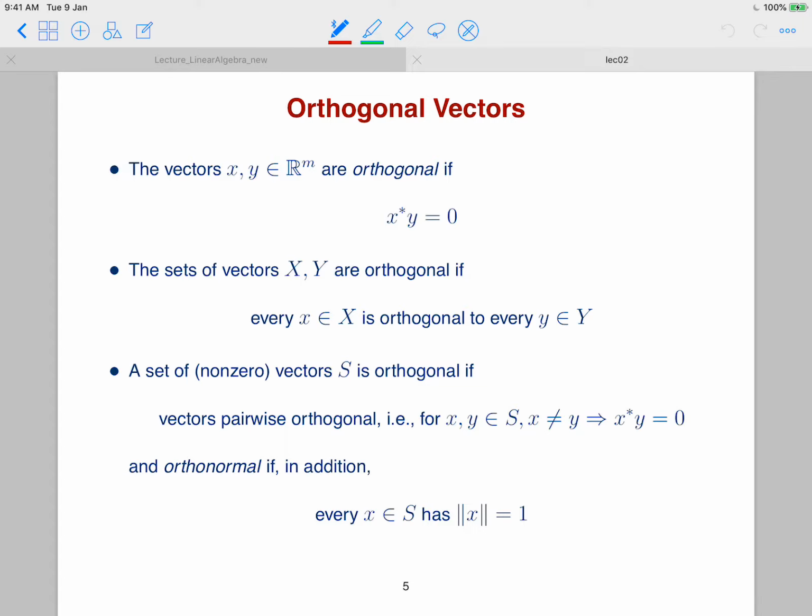And also, although I'm not going to mention the complex number case, in the case of the inner product defined as X transpose Y, in the complex number case this X transpose is actually changed into X Hermitian. So in the complex number case, the inner product is defined as this.